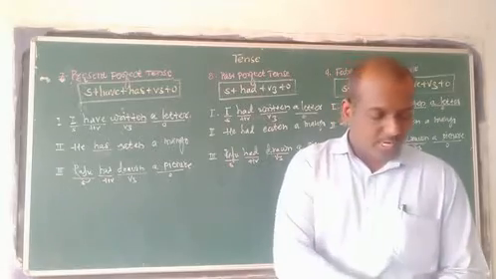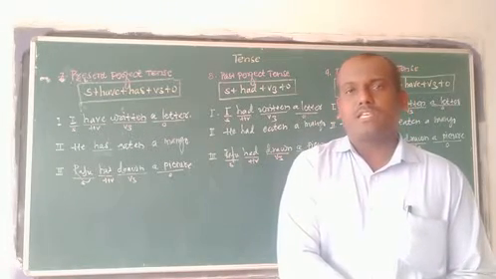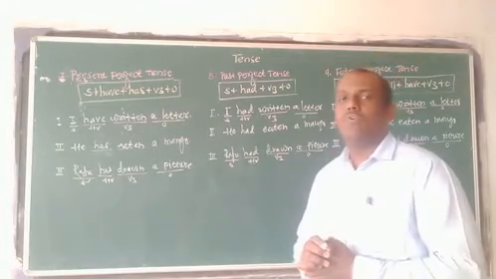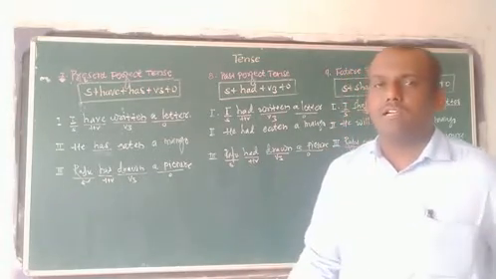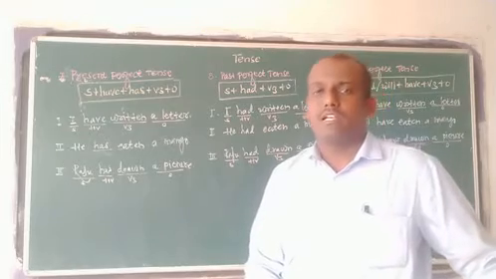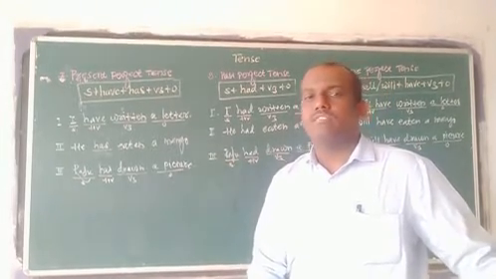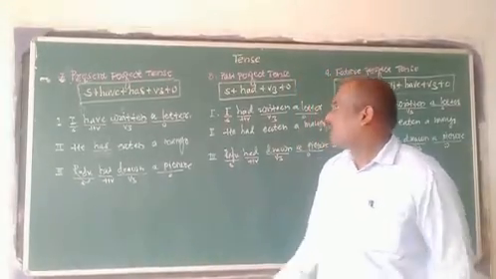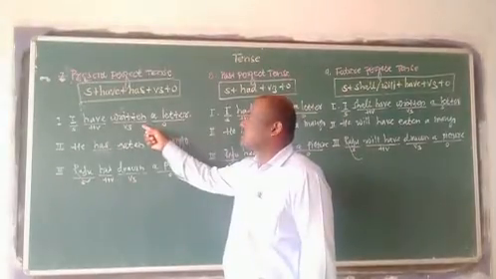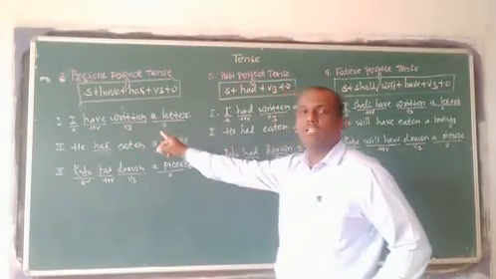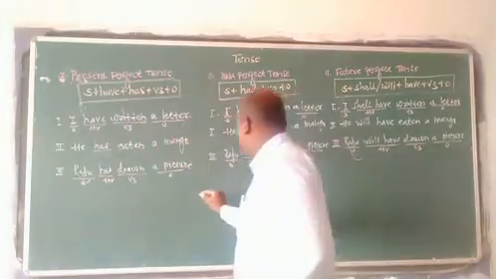So, how to identify this particular tense? Is there any idea? I told you, my dear friends, if you want to identify the tense of any particular sentence, then we have to look for the main verb. What is the main verb in the first sentence? The main verb in the sentence is written, and the form of the verb is V3.